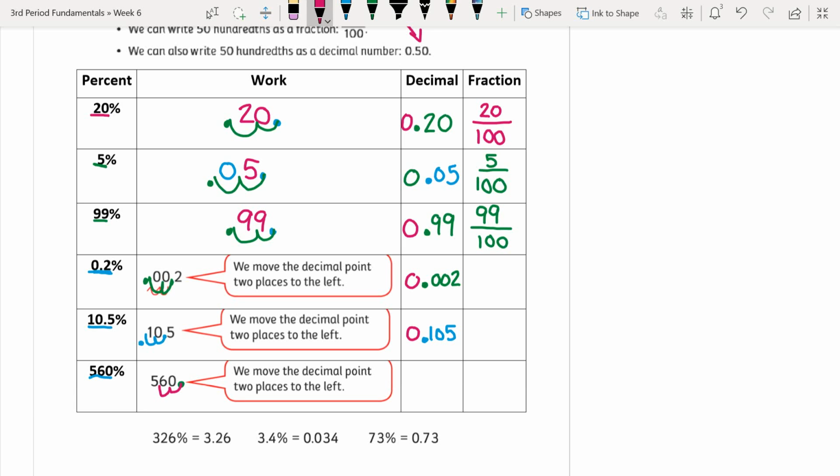Okay. Well, then that gives me 5.60. So now this is an example of where we don't need to add a 0 in front of our decimal point because there's one already there.